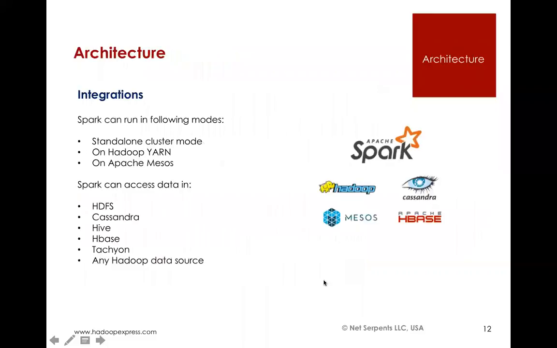So talking about integrations a little bit more before we delve deeper into architecture, Spark can be run in 3 modes. One is a standalone cluster mode, which means basically that you run Spark on your laptop. You could run it on a Mac laptop or a Windows laptop. It will work fine. You could run it on a VM in the cloud, as you've seen in some of our classes, where we actually created an Amazon cloud instance.